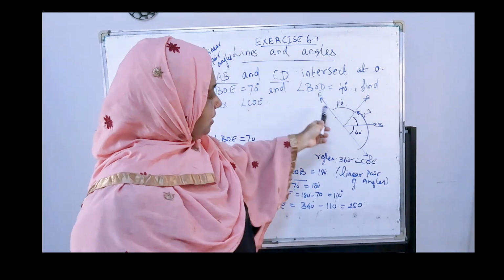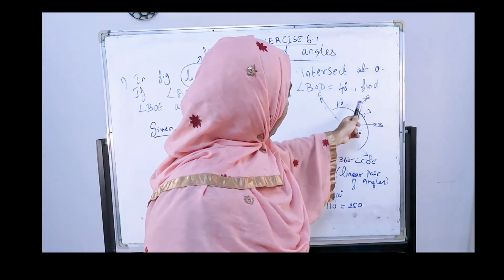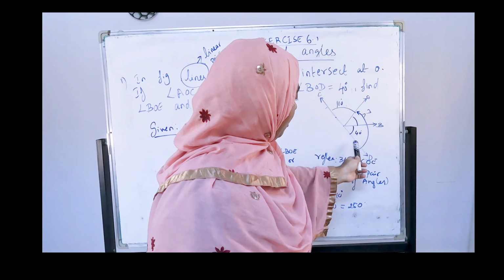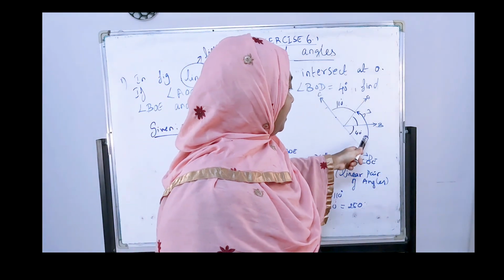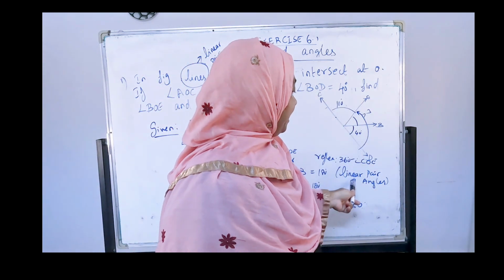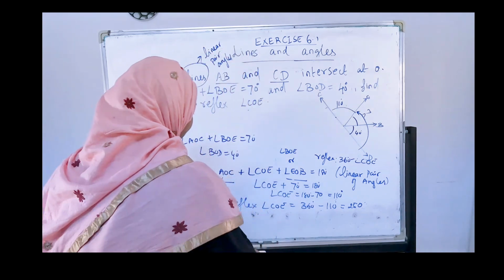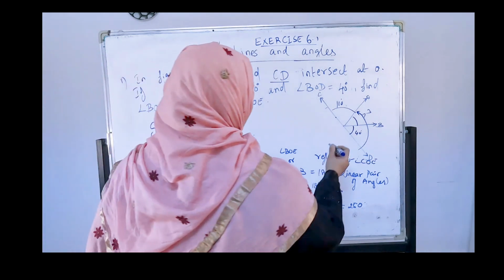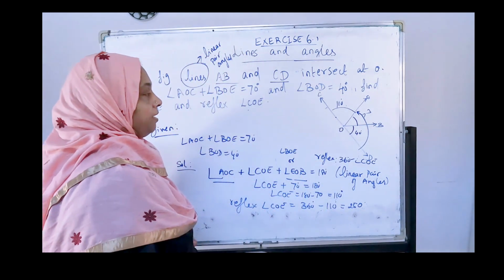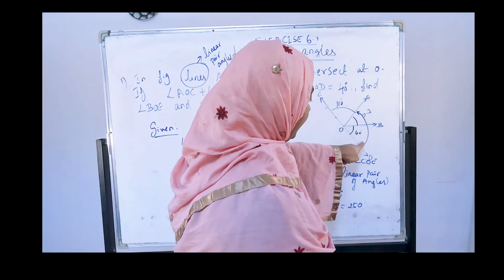In this line CD, we have COE, EOB, BOD. These three angles together form the linear pair of angles, that means standing on the line COD. So now we combine these three and equate to 180 degrees.